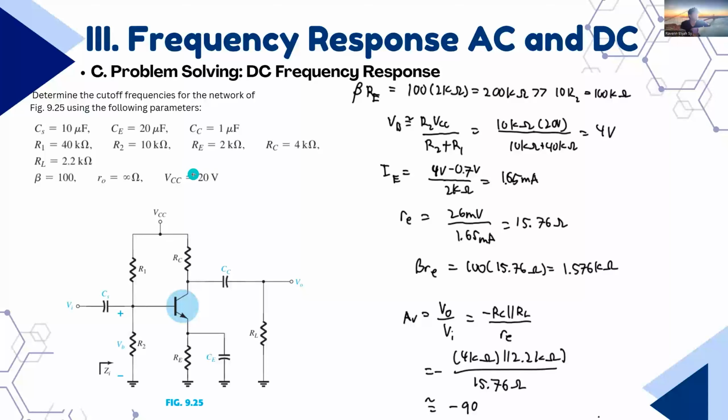First, we apply the formula beta RE. Beta is equal to 100 times 2 kilo ohms for RE. Then we will get 100 kilo ohms.